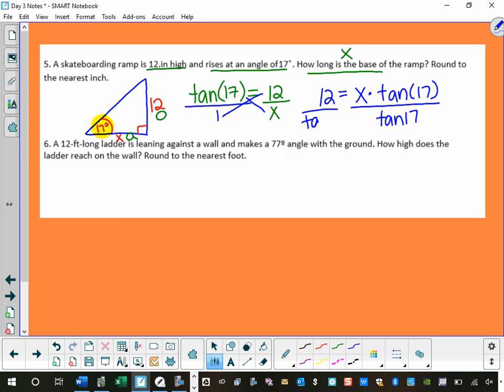What do you get when you type in 12 divided by tangent of 17? I got 39.3. What's that second digit? Yeah. So 39.3 inches. Does this make sense what we're doing?